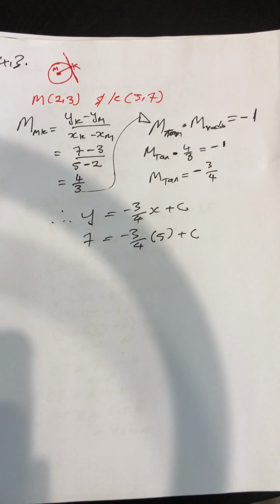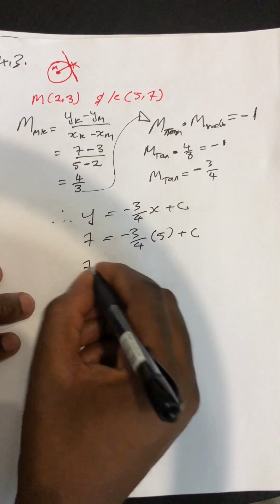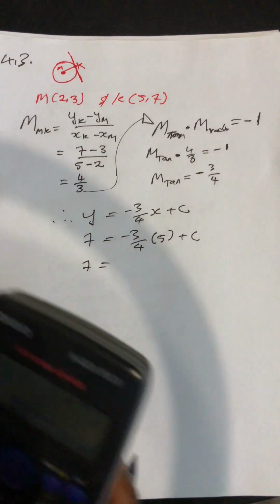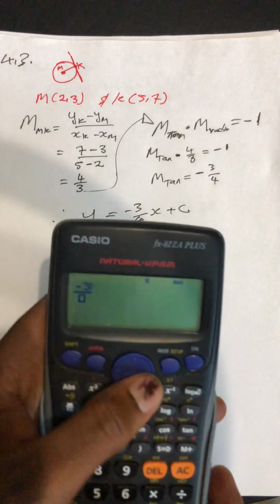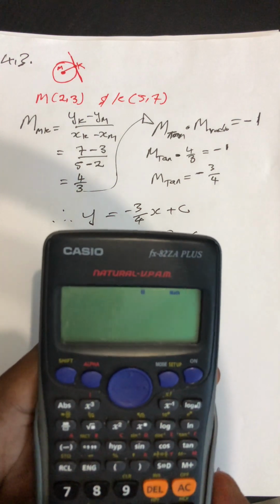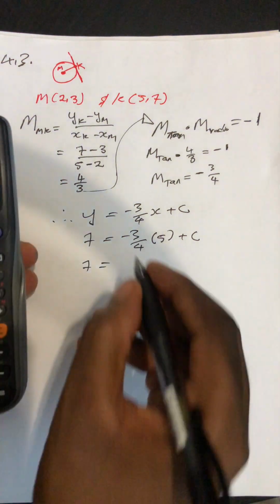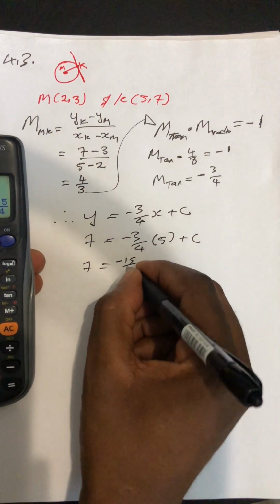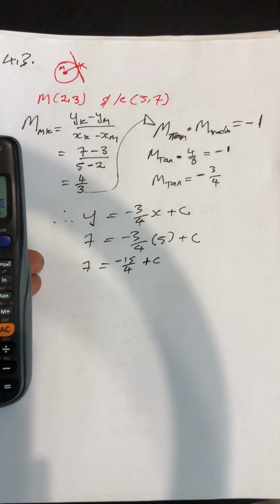We can simplify this using a calculator. -3/4 multiplied by 5 is -15/4, so 7 = -15/4 + c.